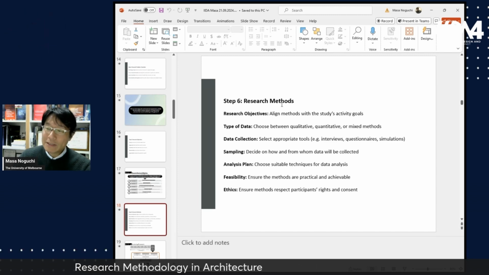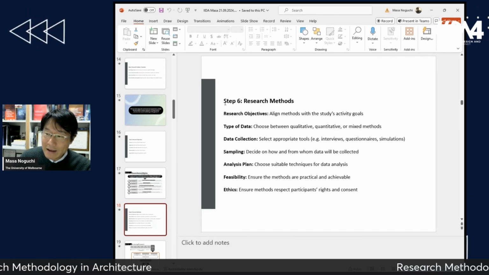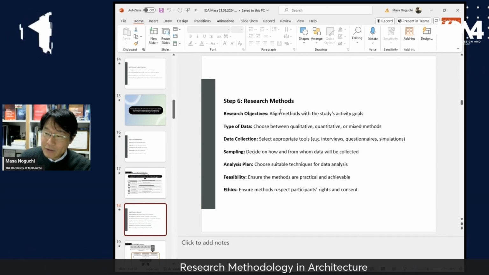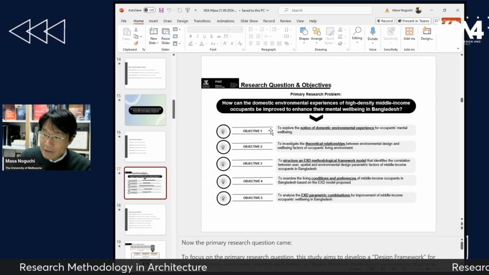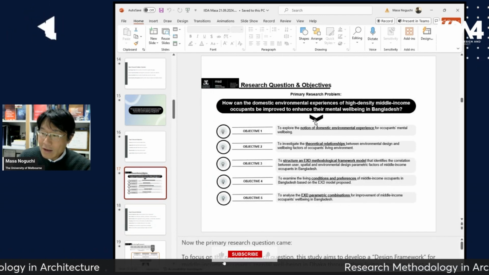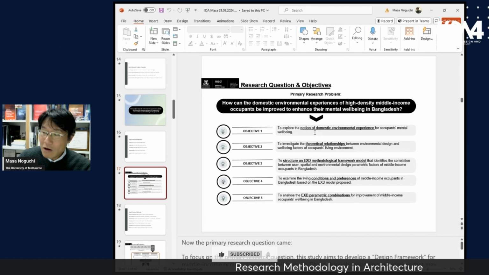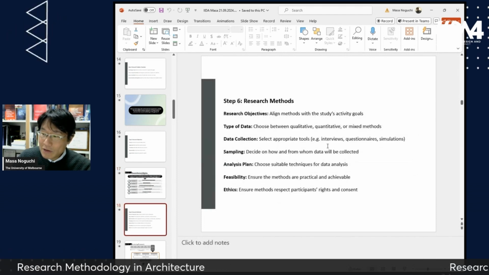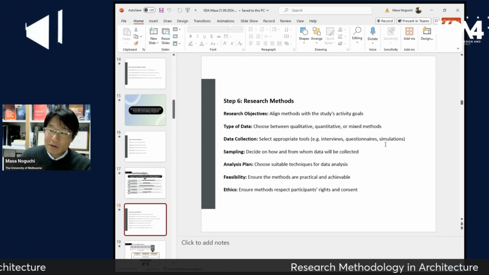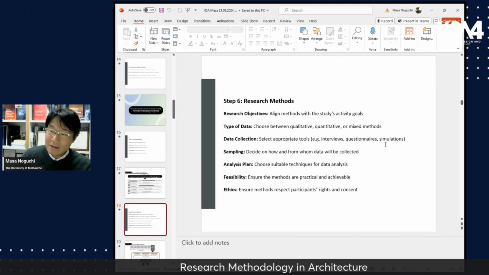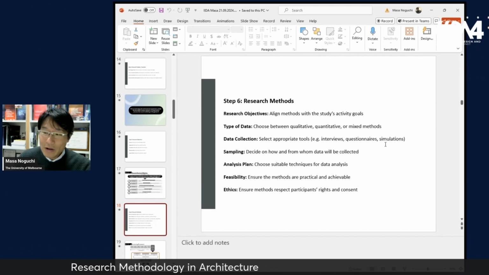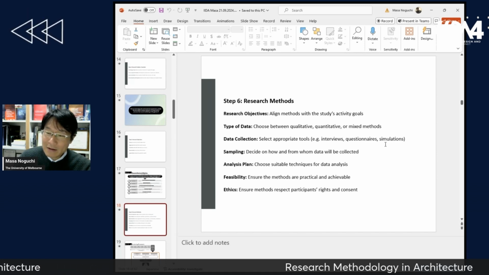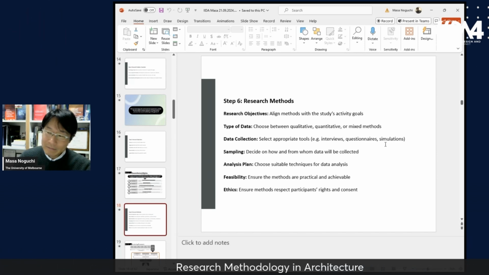Research method is a practical thing, and it aligns with the research objectives. Because in order to do the research objective to explore, for example, the notion of domestic environmental experiences, the research method could be a literature review, reading the books and identifying the existing theory, or it could be a census and identifying statistical data of today and tomorrow.